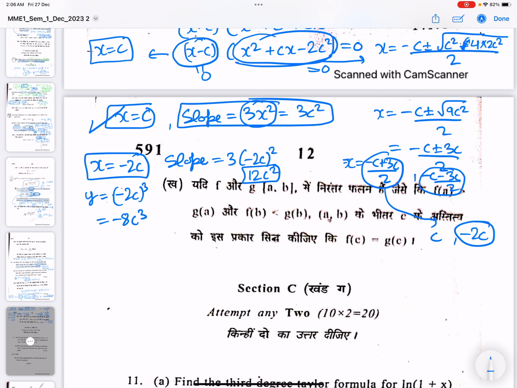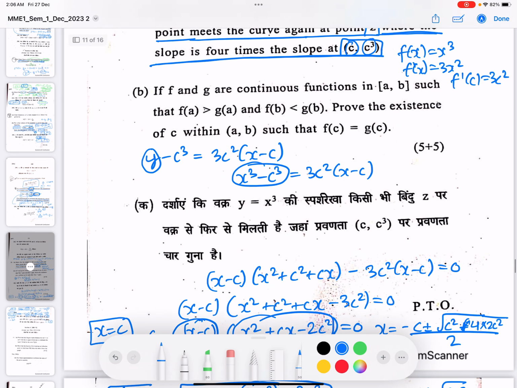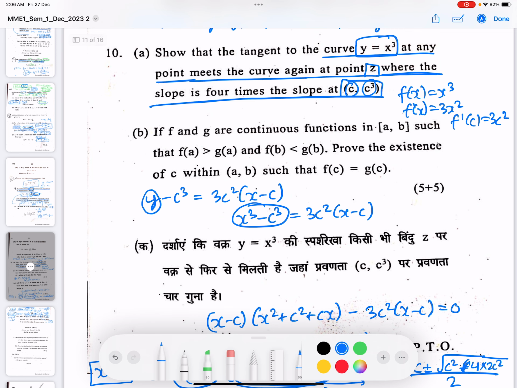So it is 4 times the slope. We are getting 4 times 3 times c square. At the point c, f dash c was 3c square, and at this point we have the slope as 4 into 3c square. So at this point the condition is satisfied, that the slope is 4 times the slope at c comma c cube.